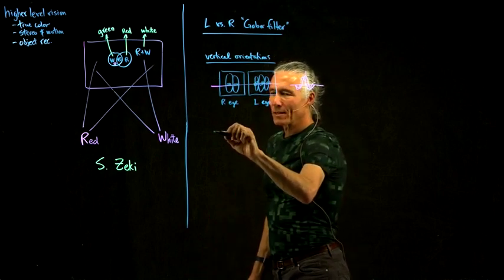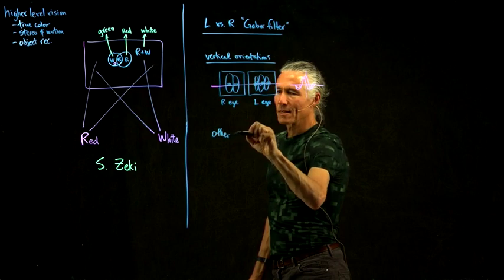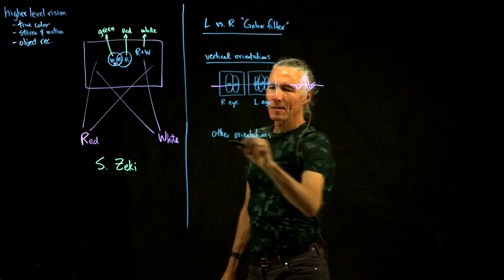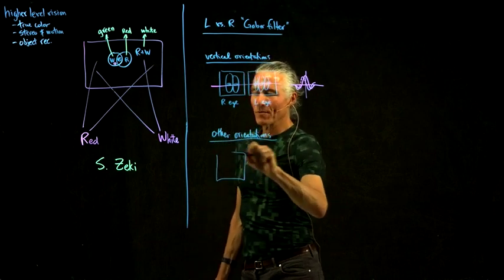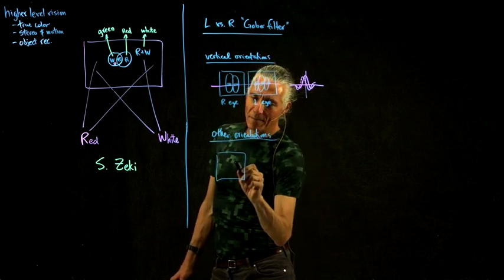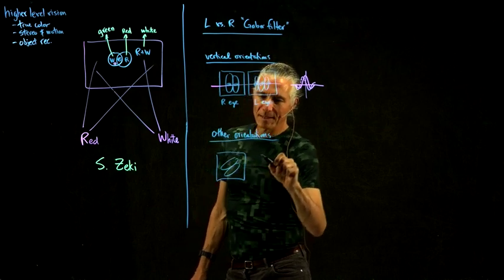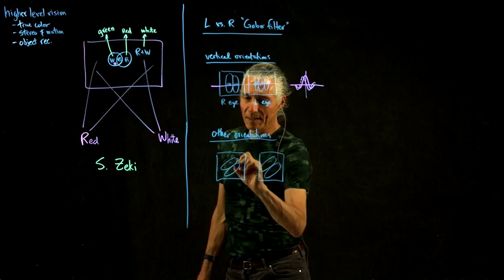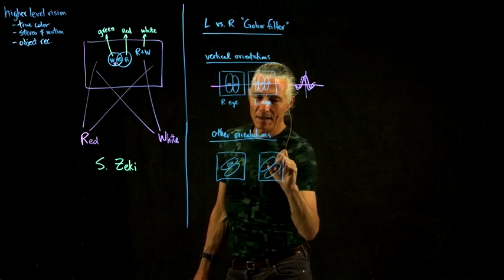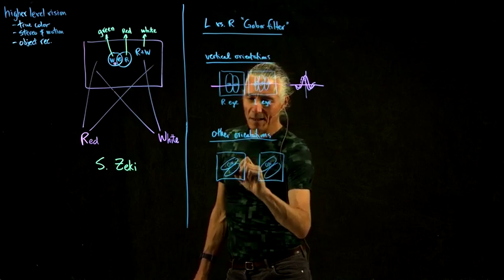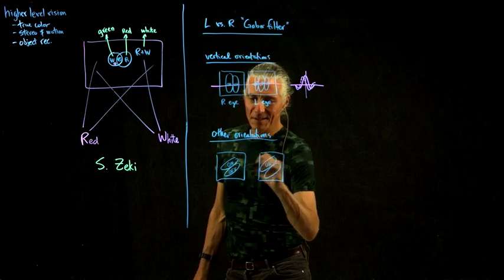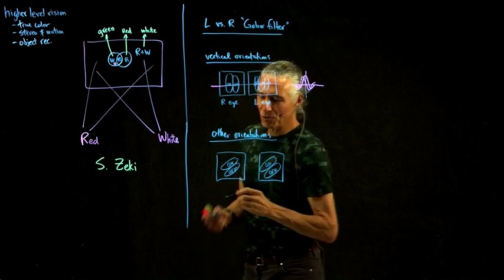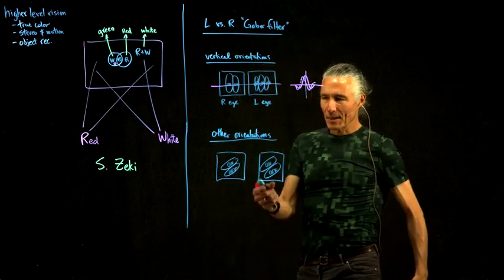But if you look at other orientations, whatever the filter is in one eye, it's going to be the same in the other eye. So that's a good piece of evidence that these differences in the filter between the two eyes are actually being used for calculating disparity.